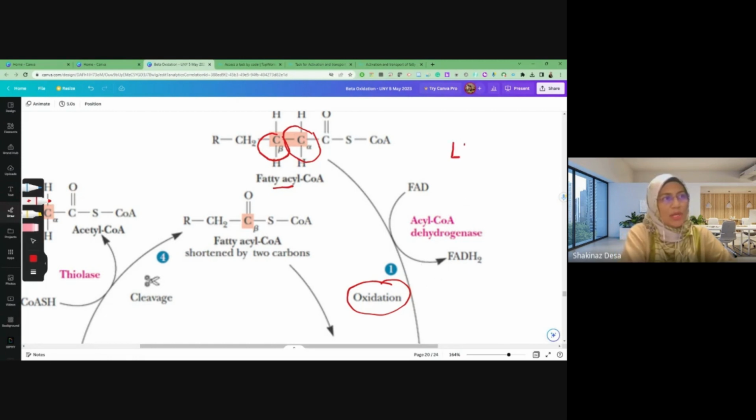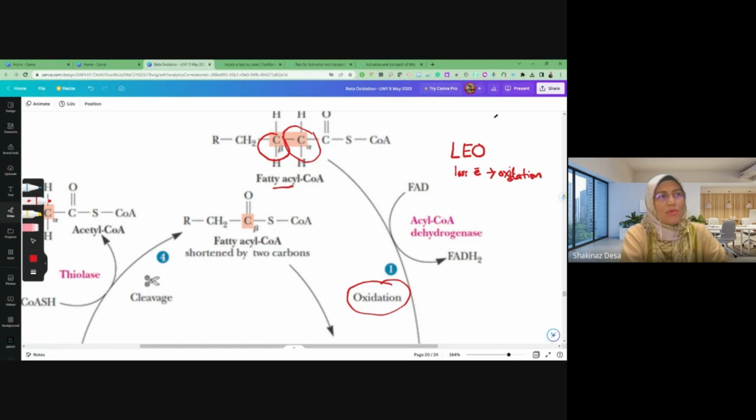We can go as LEO. LEO means loss electron oxidation. Loss electron is oxidation. Oh my God, look at my handwriting. Loss electron, oxidation.